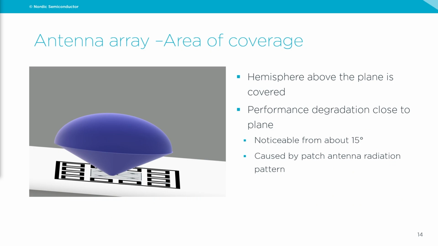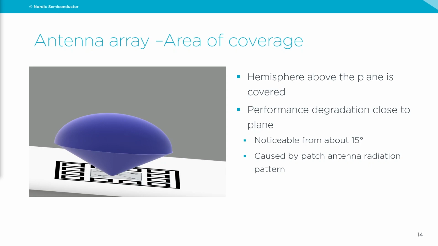When you have an antenna like the array antenna we have here, there is a coverage area where you can actually use it reliably. In this kind of design, it will be a hemisphere above the plane that is covered. If you get very close to the plane, you will see a degradation in the performance. For this design, we see it when you start to get closer than 15 degrees to the plane.